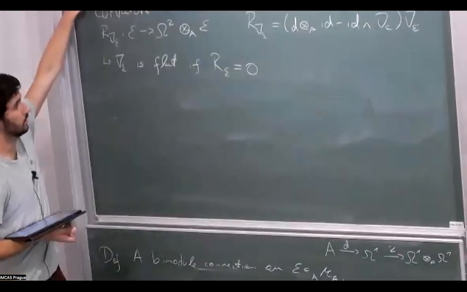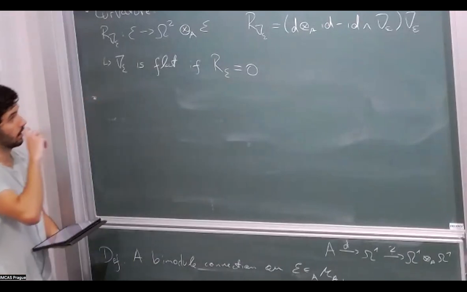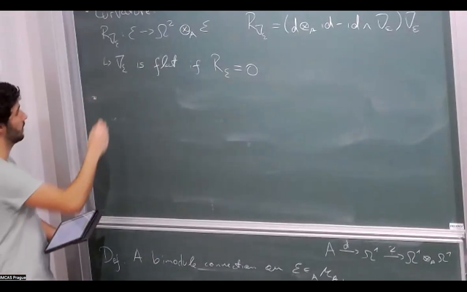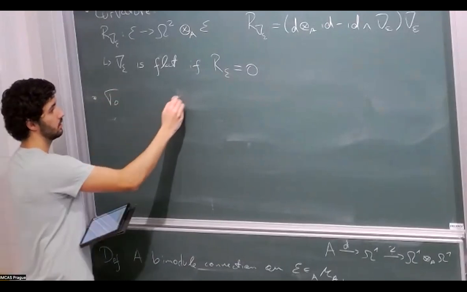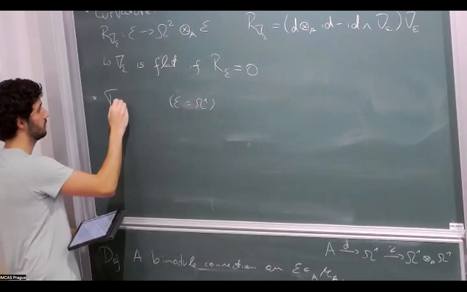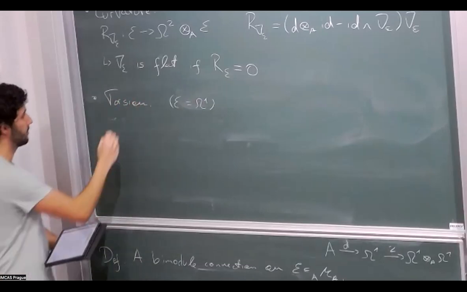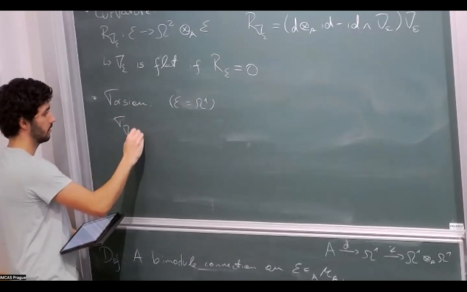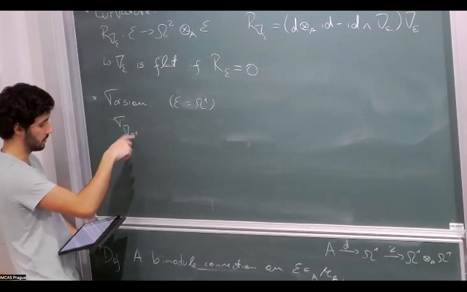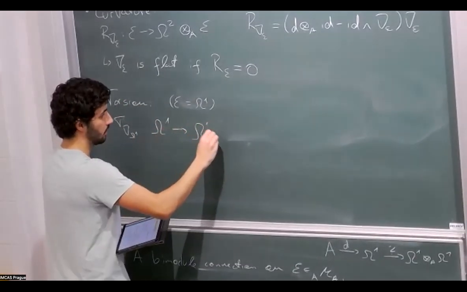Now, if we take E to be just omega 1, then we can also define the torsion, which we define as a map nabla omega 1, going from omega 1 to omega 2.